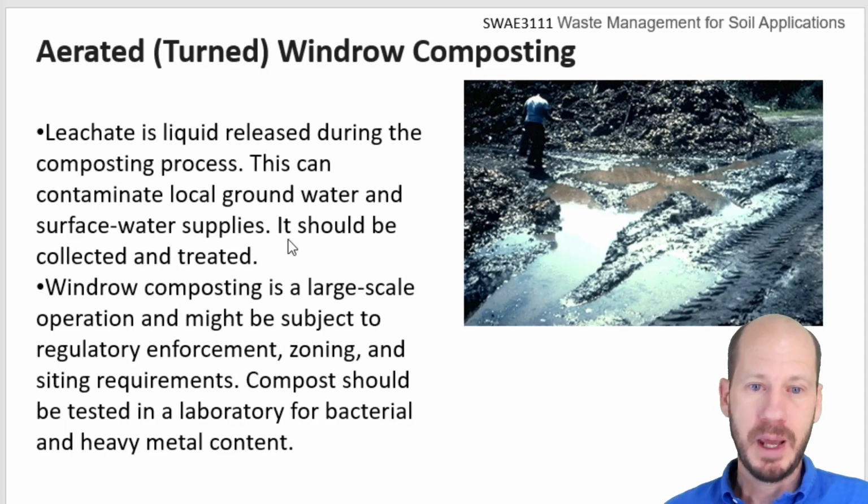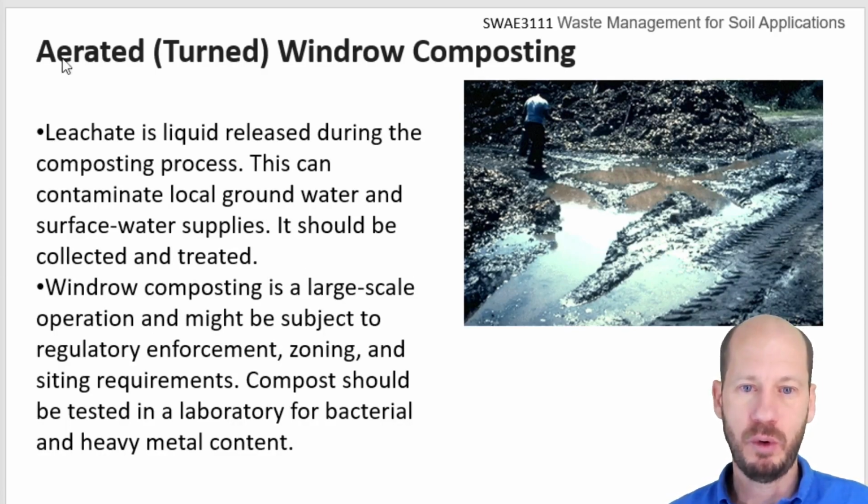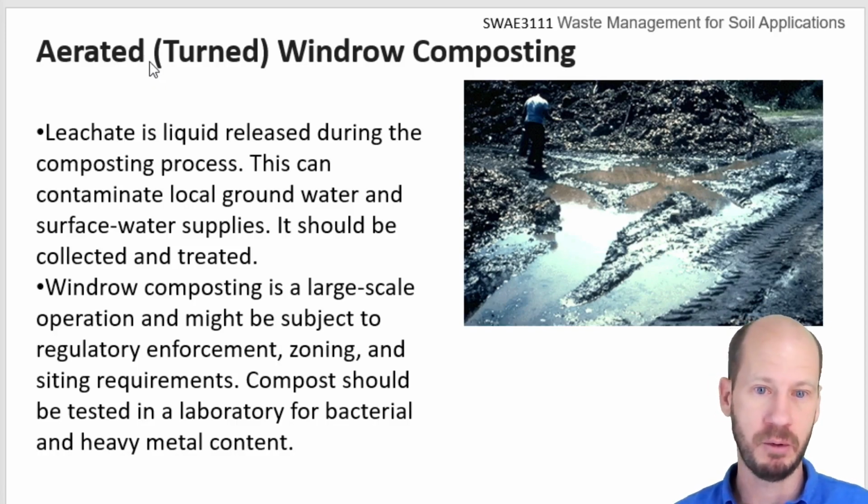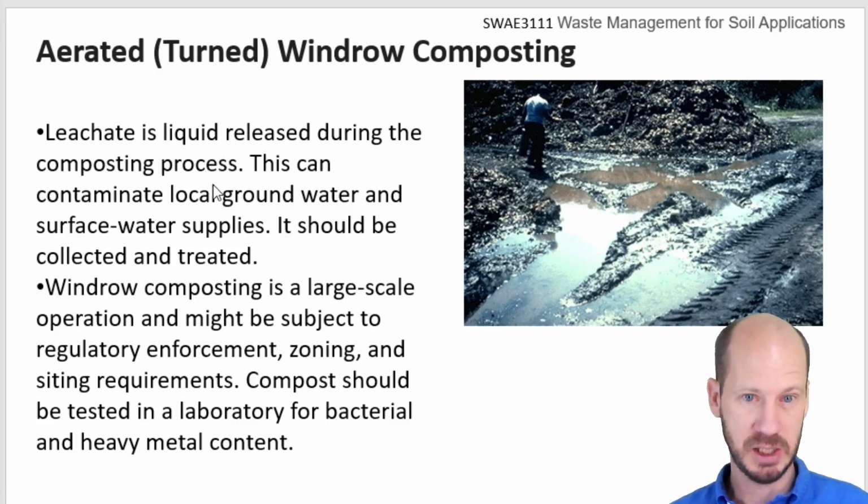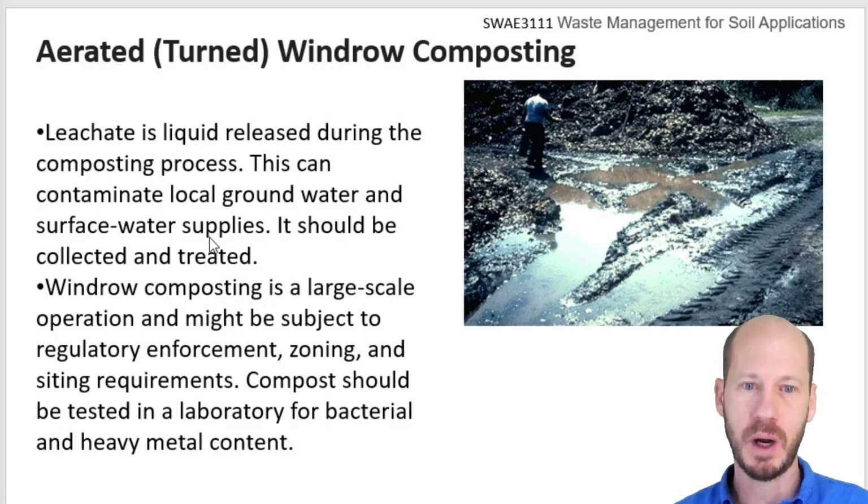One of the problems you may have when you're doing windrow composting is leachates. If you have excessive moisture in the system, or excessive rainfall infiltrating, the percolation through the windrow may bring some nasty organic compounds, and this could be a water contaminant.